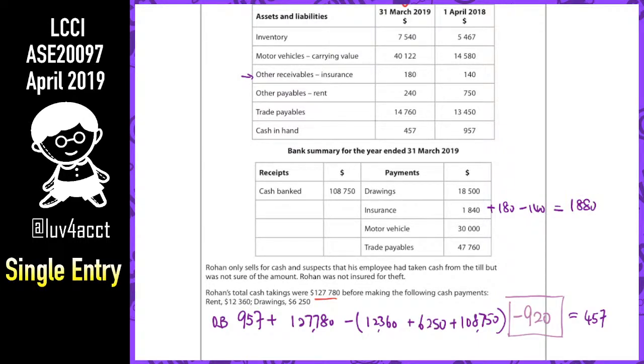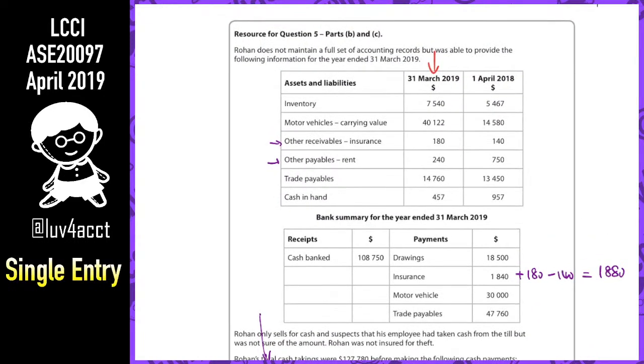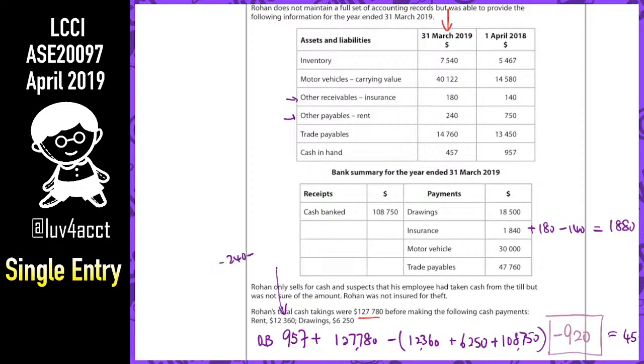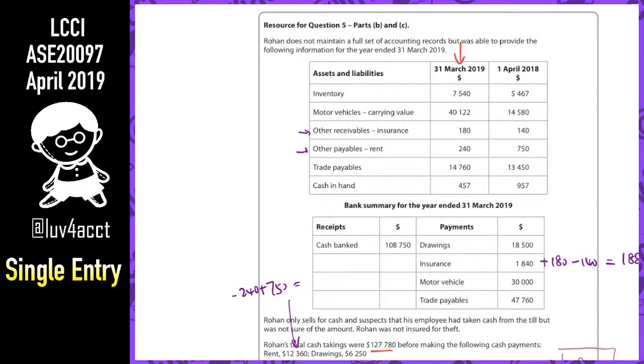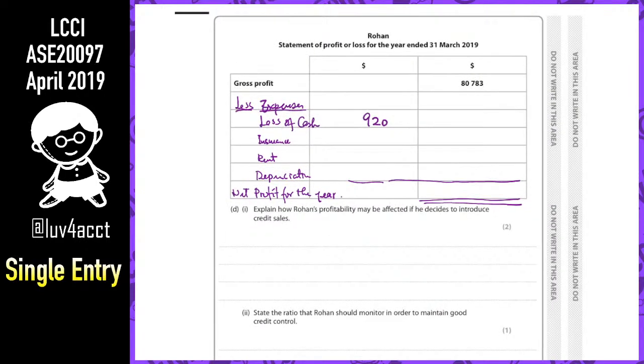Okay, and then for rent it is 12360 here, and then adjust for accrual, minus 240 plus 750. 12360 minus 240 plus 750 is equal to 12870. Okay. Insurance 1880, rent 12870.